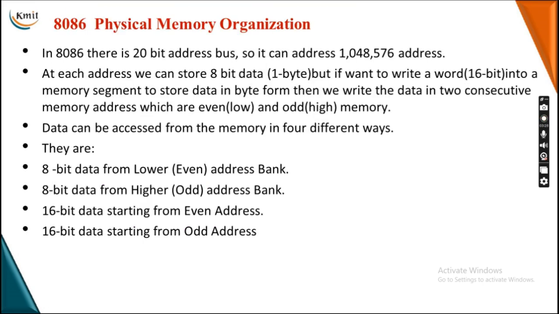Today we are going for physical memory organization. So as we all know that 8086 microprocessor has a 20-bit address bus, nothing but 2 power 20. So the number of addresses we can have in our memory is 1,048,576 addresses.